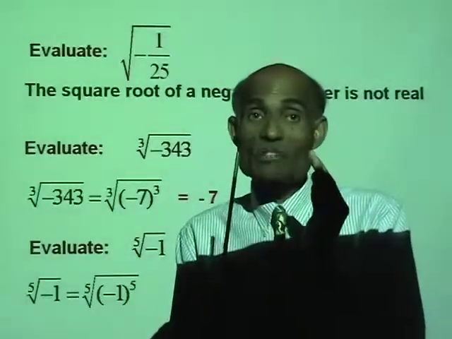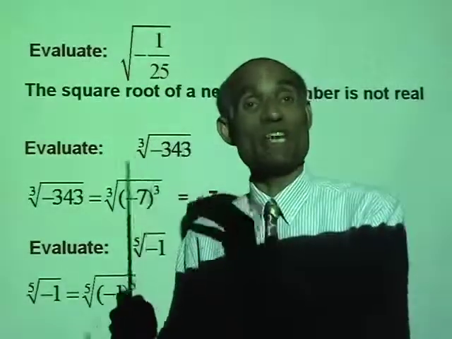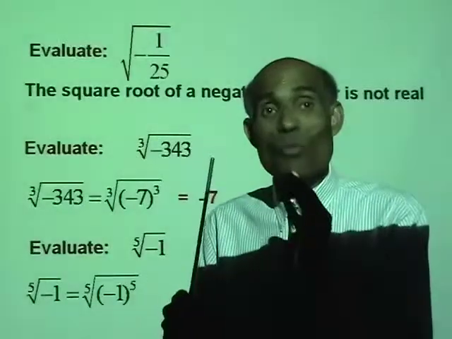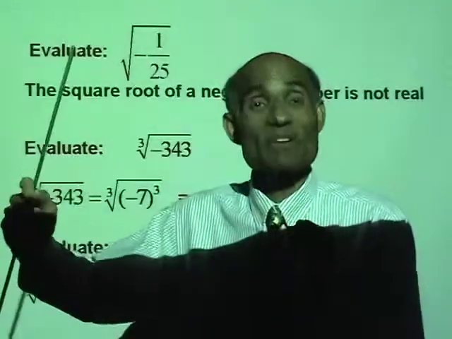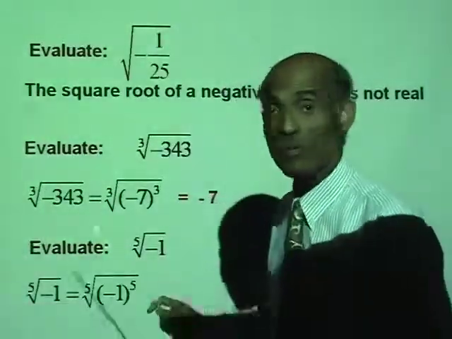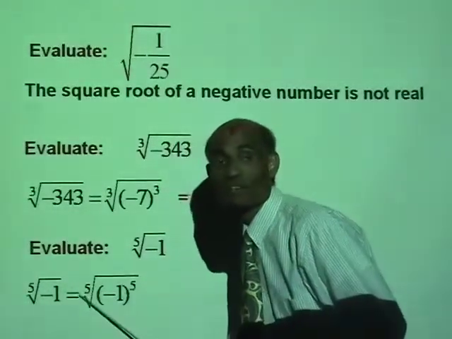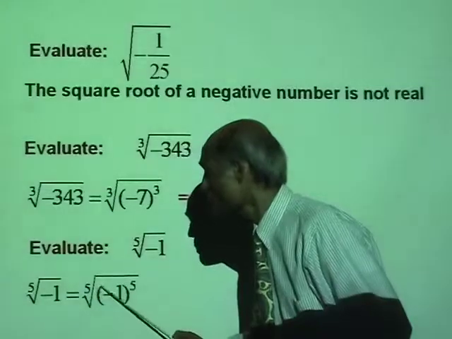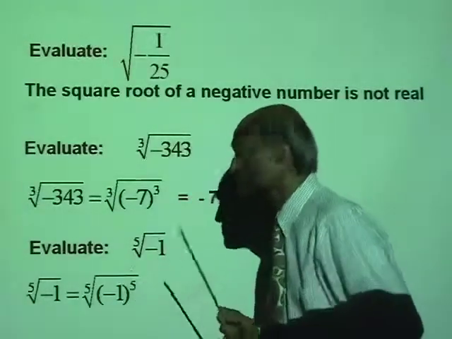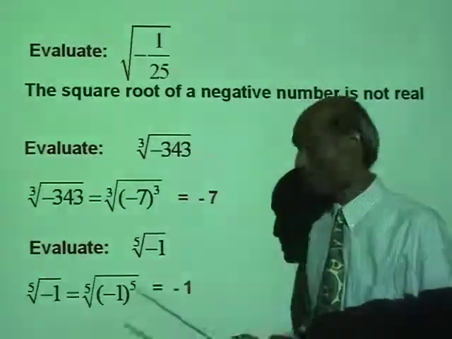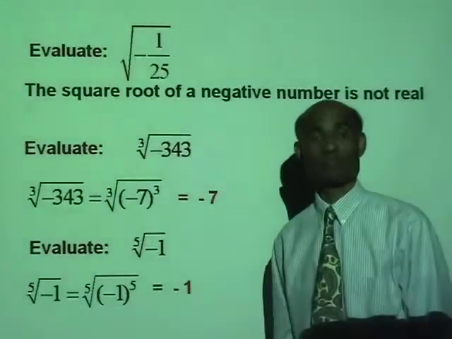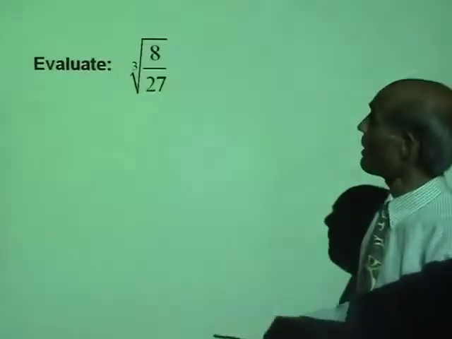Negative 1 raised to the power of 5 is negative 1. Negative 1 raised to the power of 7 is negative 1, and so on. So, the fifth root of negative 1 is the same as the fifth root of negative 1 to the power of 5, which is negative 1. Okay, let's move on.